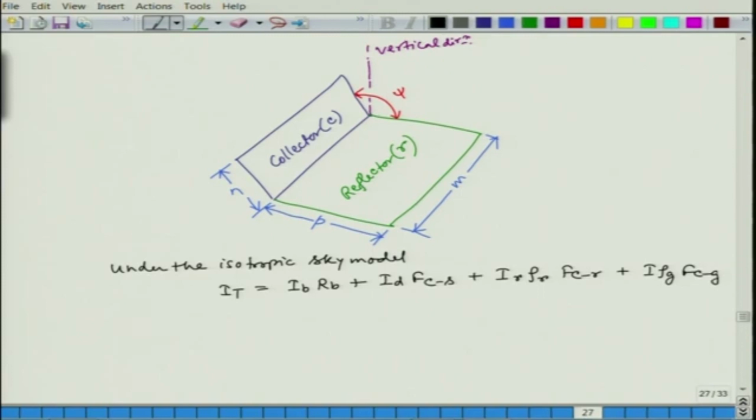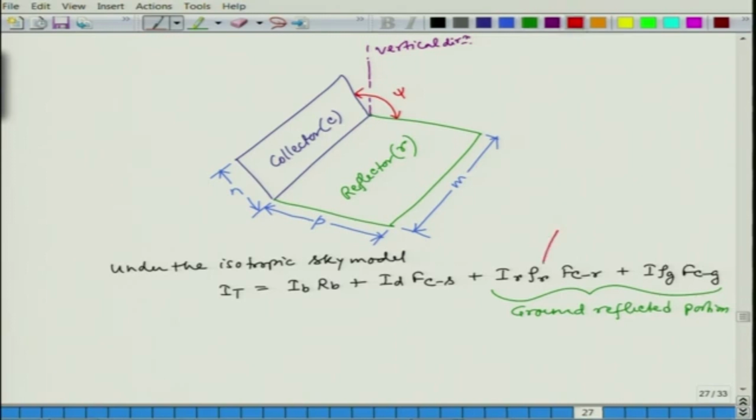So, basically what we are seeing here, that the ground reflected portion is now broken into two parts.